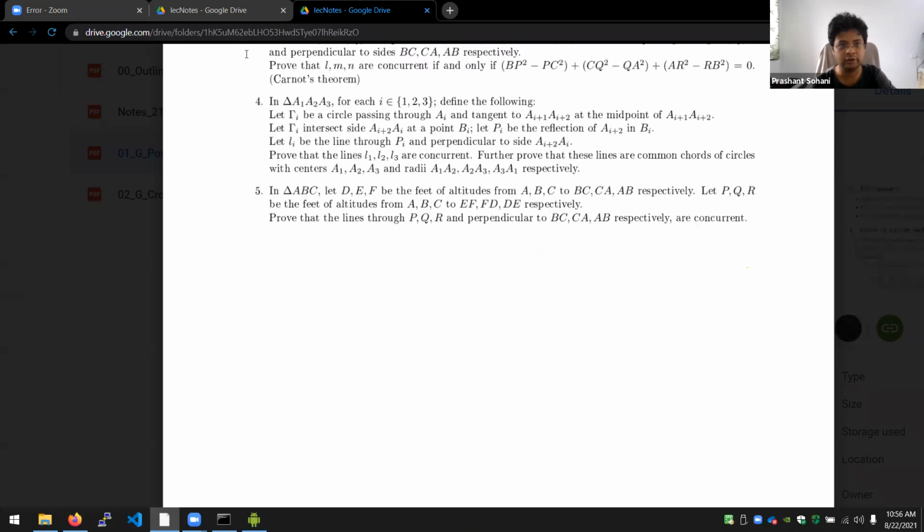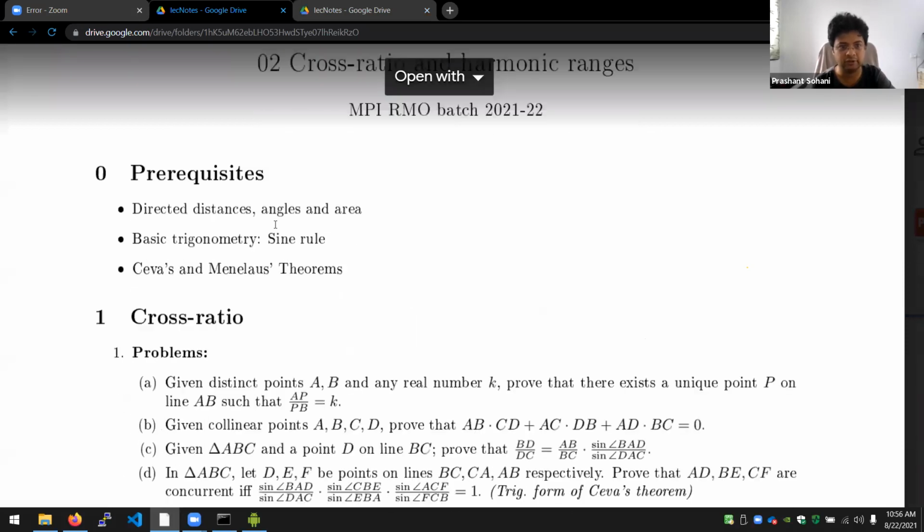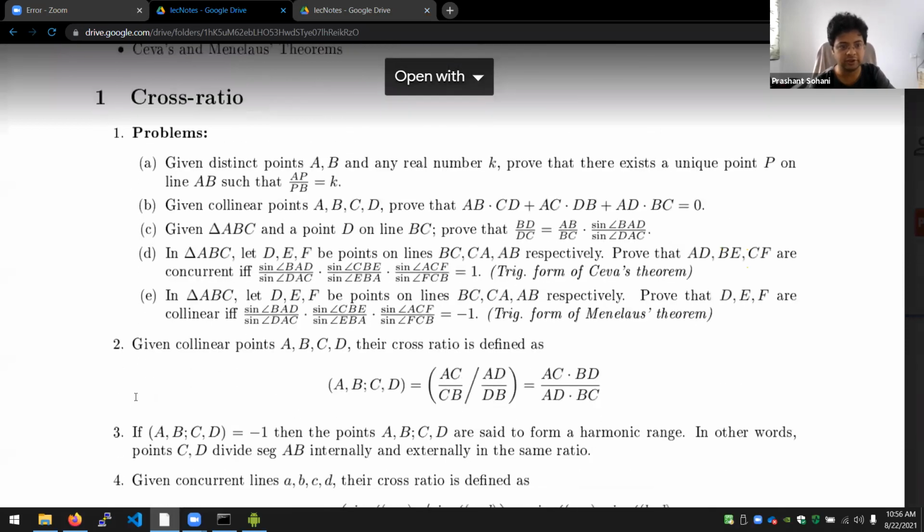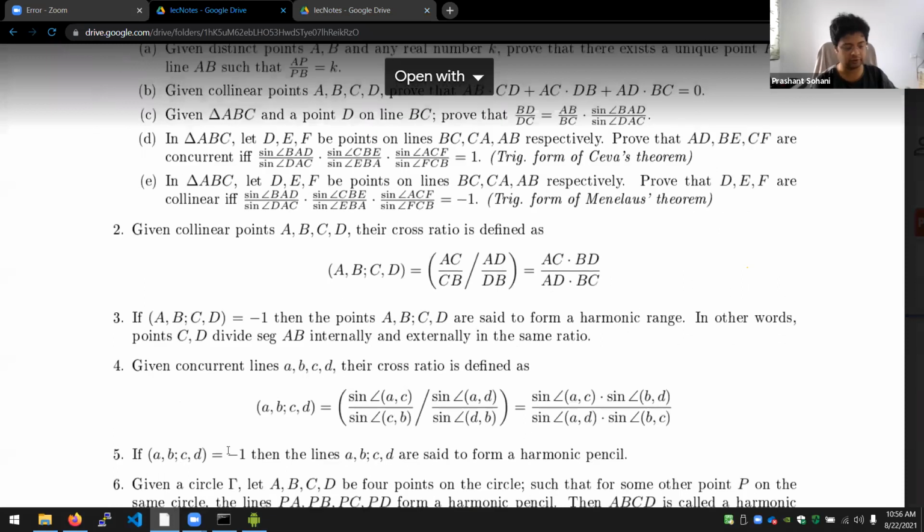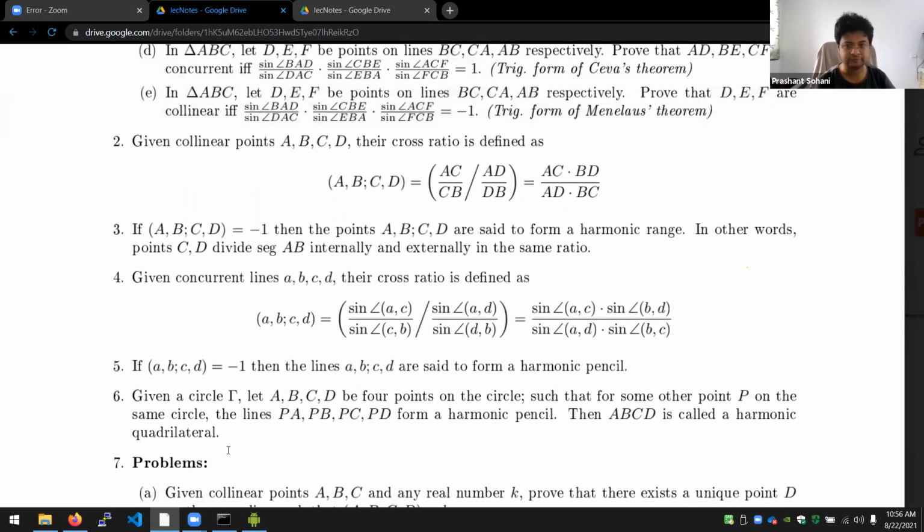Okay, so then moving on to the cross ratio topic, I think there is not much additional to be said. This point 6, let me just give you the definition. So actually it is nothing but, so far we have been talking about harmonic objects on a line or four concurrent lines, but we can transfer that ratio to a circle.